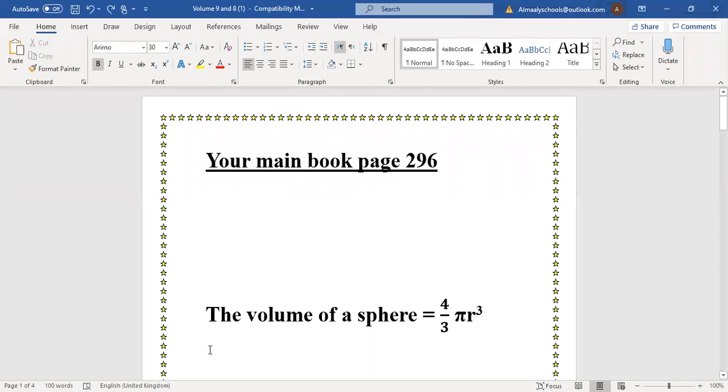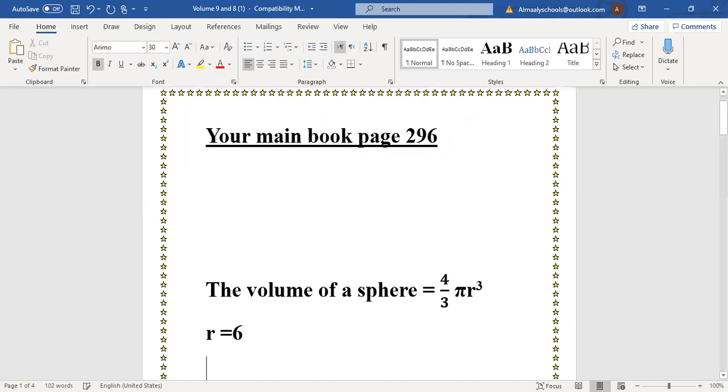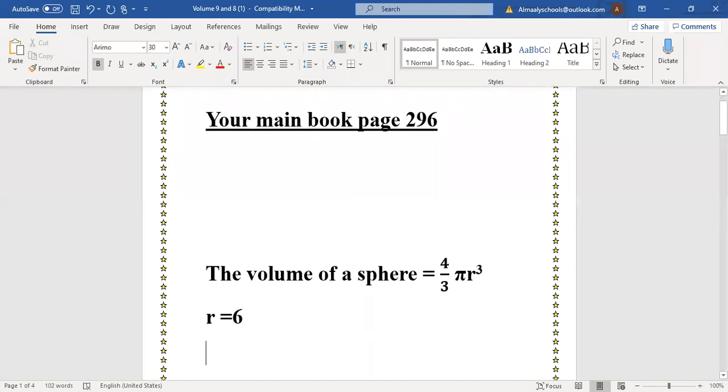Someone to solve? r equals 6 centimeters. Find the volume of the sphere. Hur, we will start with Hur. In A, r equals 6 centimeters.